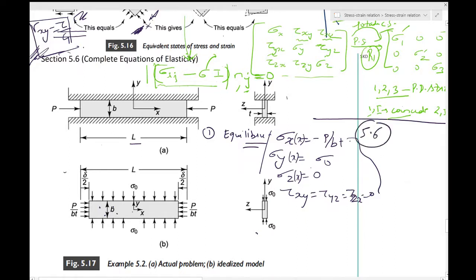So what you must do right now is check whether this stress field actually satisfies equation 5.6. You have to put these values sigma x, sigma y, sigma z and the other stress components into that equation and confirm whether that equilibrium equation is valid.